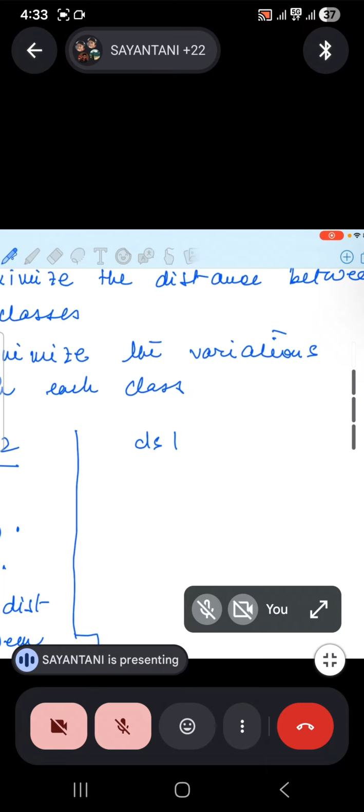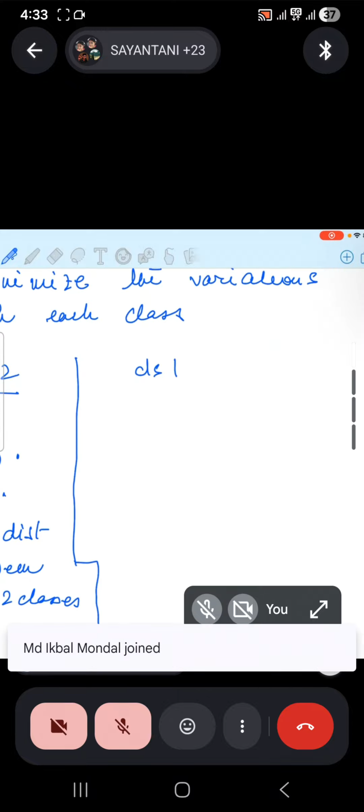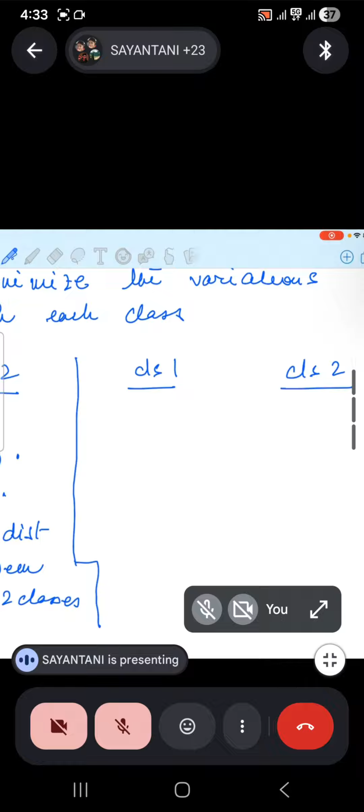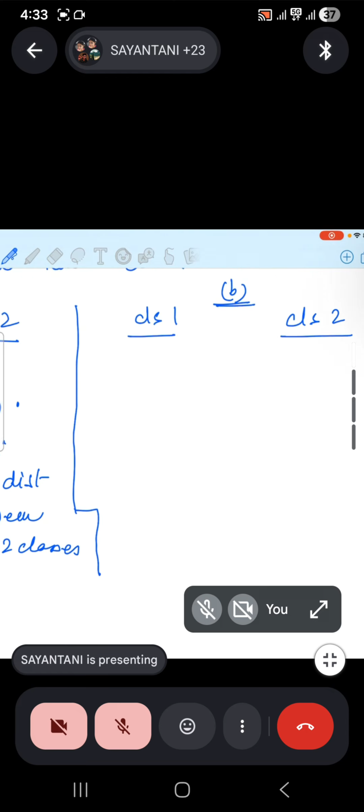Now there is another criteria, that is, I have to minimize the variations within each class. So what do I mean by that? Again, suppose I have class 1 and class 2. This is scenario A, and this is scenario B. So we have these data points, and suppose this is the centroid.